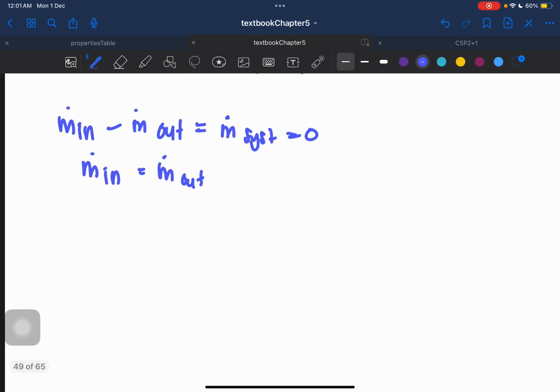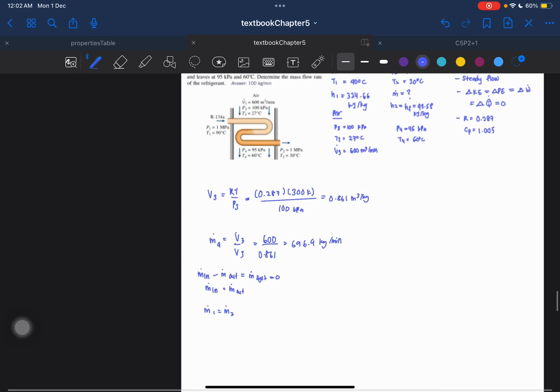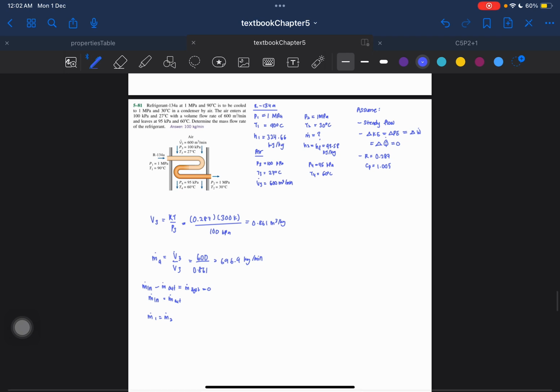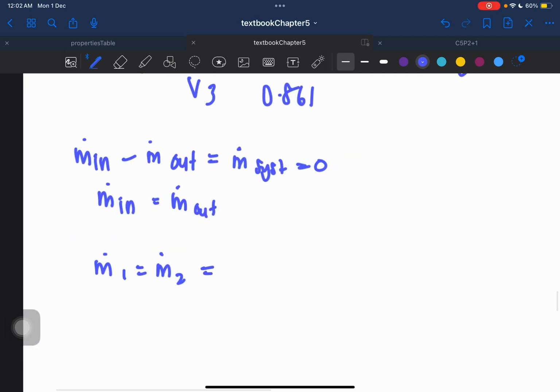From here, mass flow rate at 1 equals mass flow rate at 2, which is the mass flow rate of refrigerant, and mass flow rate at 3 equals mass flow rate at 4, which is the mass flow rate of air, because it doesn't change.